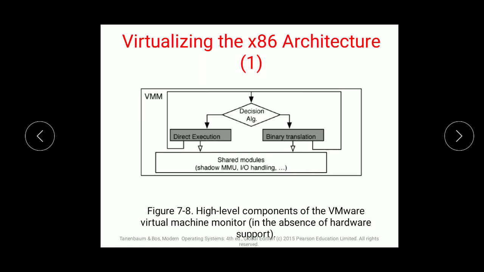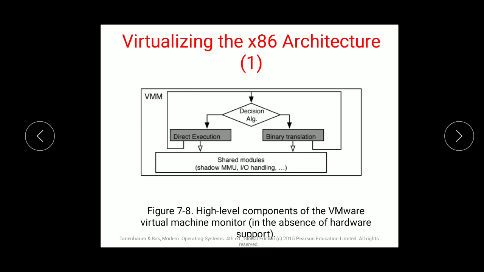See here, if you can see the arrows, your decision algorithm is giving you the inputs from the user, but your direct execution is your normal machine, that is direct execution to your hardware, and binary translation can also be done, but your direct execution is also connected to your binary translation.